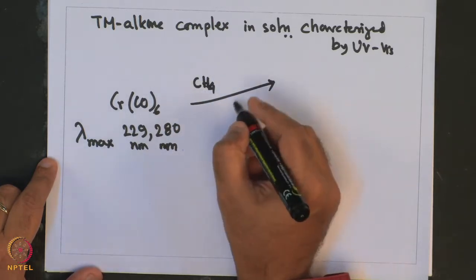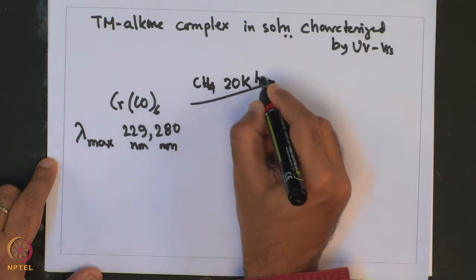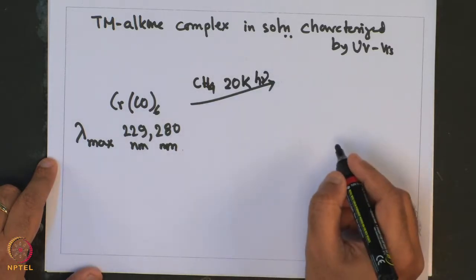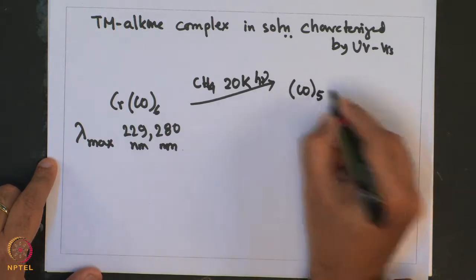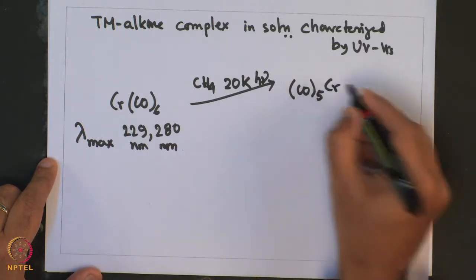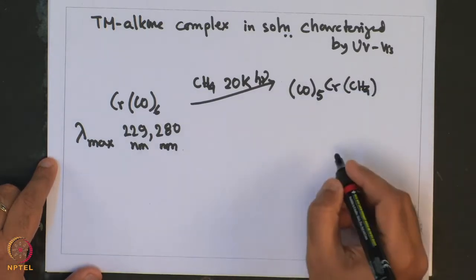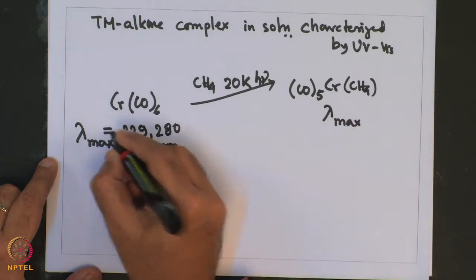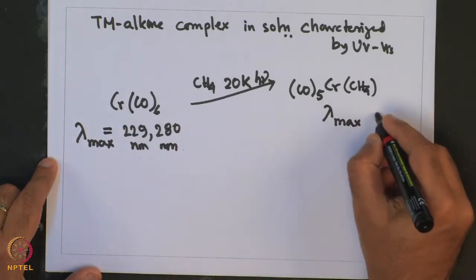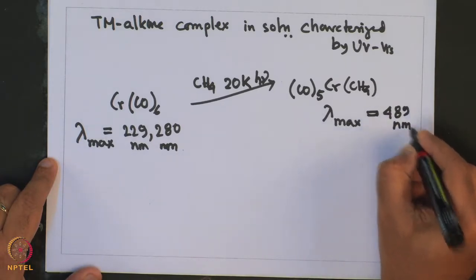It forms the alkane complex with methane at very low temperature in light, giving (CO)5Cr(methane), which shows a distinct lambda max at 489 nanometer.